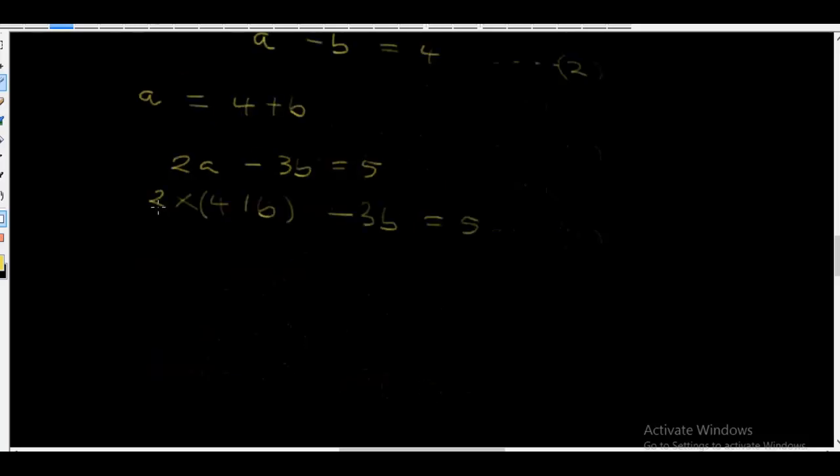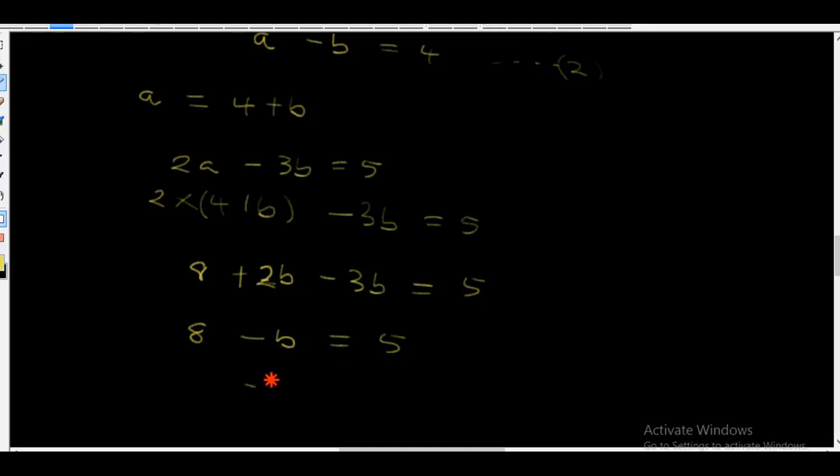Let's multiply this out now. 2 times 4, you have 8. 2 times plus b, you have plus 2b, minus 3b is equal to 5. So 2b minus 3b is minus b. So 8 minus b is equal to 5.